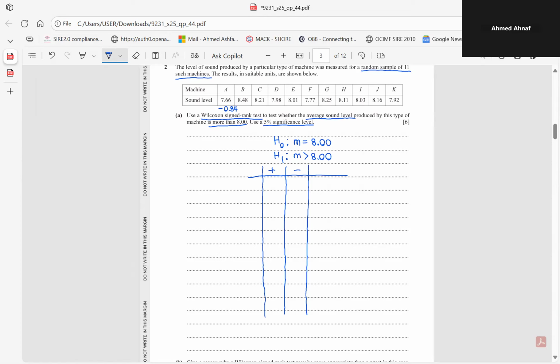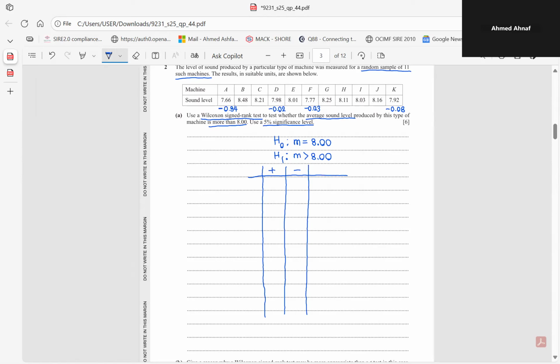Then the next biggest value, 7.77, is also negative, so this is minus 0.23. Then we have 7.92, that is minus 0.08. And then 7.98, that is minus 0.02.